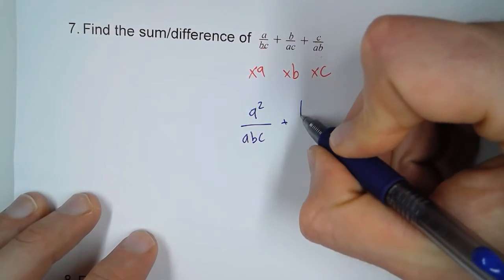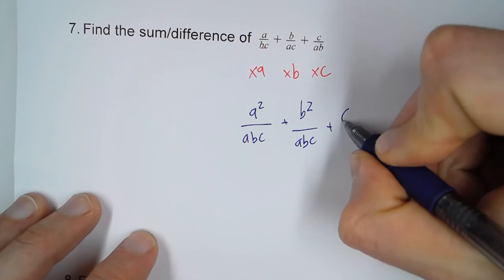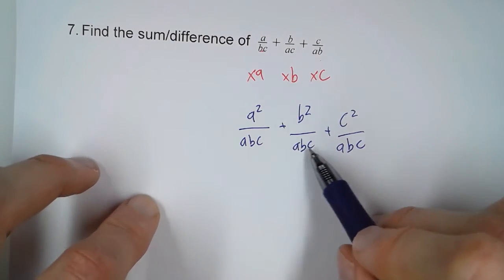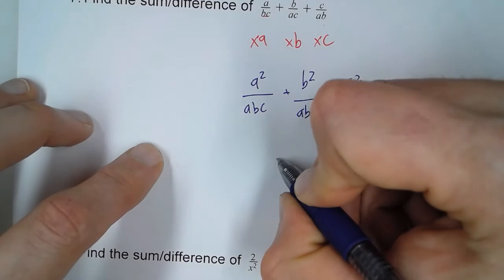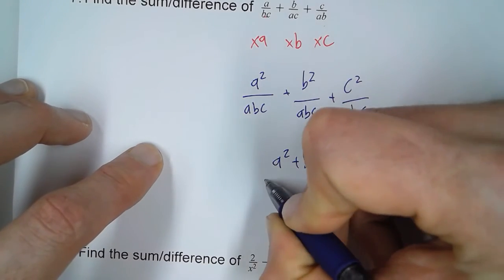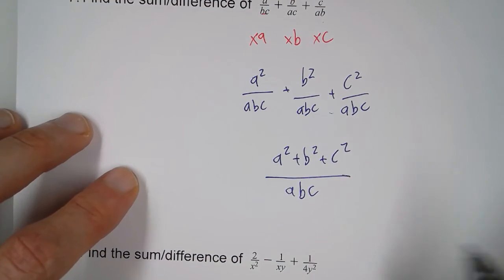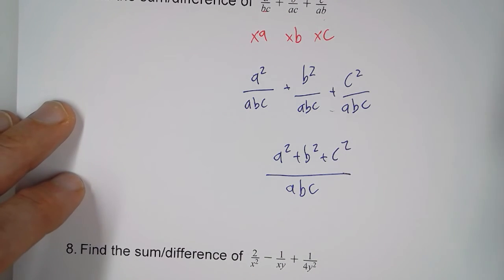Here I'm going to have b squared over abc. And here I have c squared over abc. Now we're adding them, so we don't have to worry about negatives. So we're going to have a squared plus b squared plus c squared all over a, b, c. And we can't factor anything out of these, so this is in reduced form.